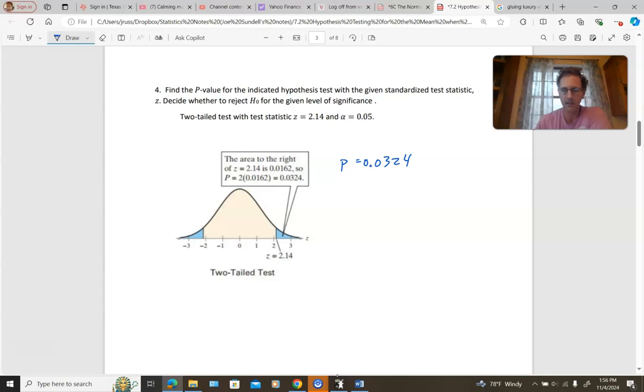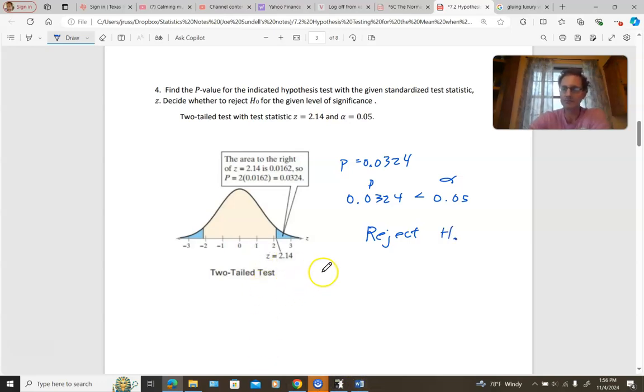Here we go. Okay. All right, so now to determine whether we essentially keep or reject our null hypothesis, we need to compare this with alpha. Now, alpha in this case is 5%. And this p-value is less than alpha in this case. So, because of that, guys, we will reject our null hypothesis.